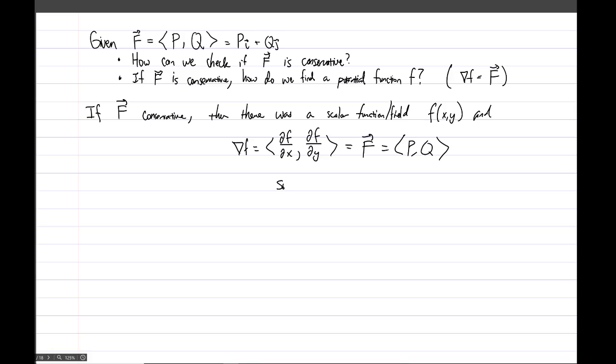So what we would have to have occur, just matching the pieces up, is that this has to equal that. I know this doesn't seem very profound, but let's just mention that the partial derivative of f with respect to x would have to equal capital P, and the partial derivative of f with respect to y would have to equal capital Q. Now, one thing to recall from way back when was Clairaut's theorem.